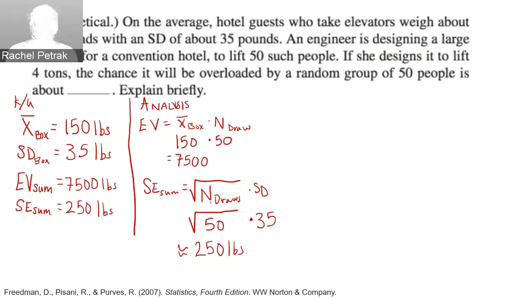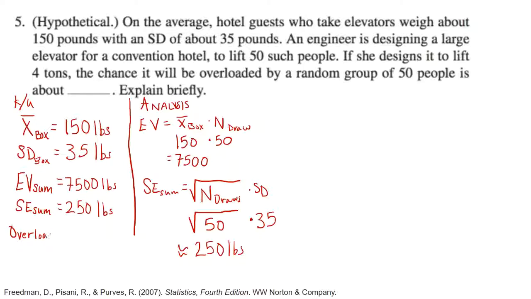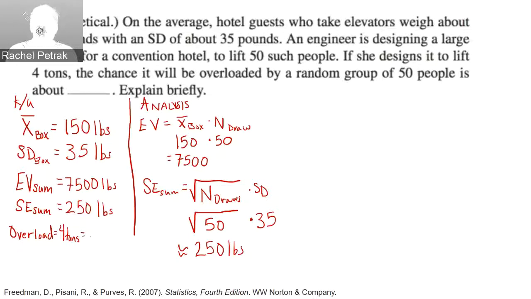So in this case, we need to remember that the overload is equal to 4 tons, which is equal to 8,000 pounds, because we need to keep our figures in the same units, right?